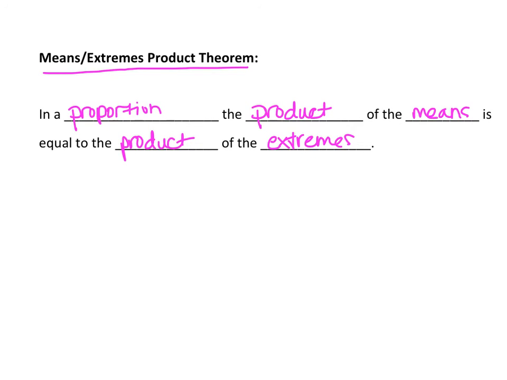So for example, let's say you have A over B equals C over D. The extremes are A and D, and the means are B and C. So it's saying that you can multiply the extremes, and you get AD, and it's going to be equal to multiplying the means, which is BC. It's actually just using your cross-multiplying and knowing that B times C is equal to A times D, but we get this fancy title, Means Extremes Product Theorem.